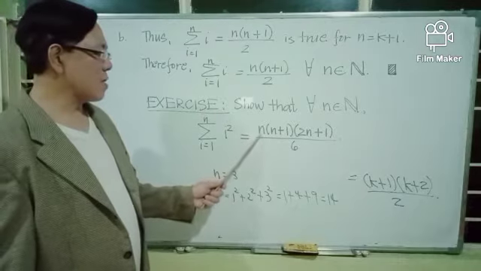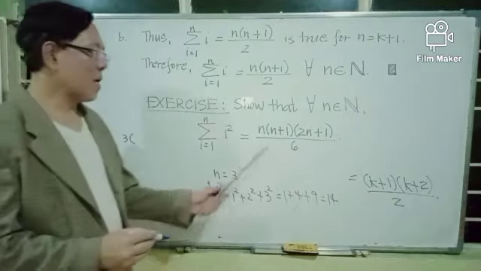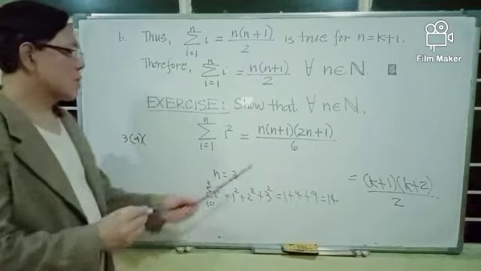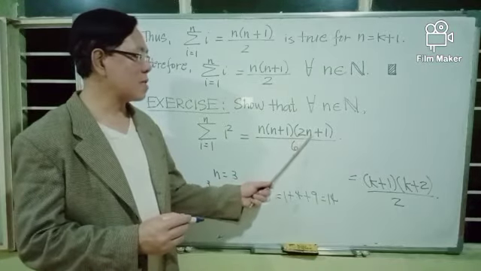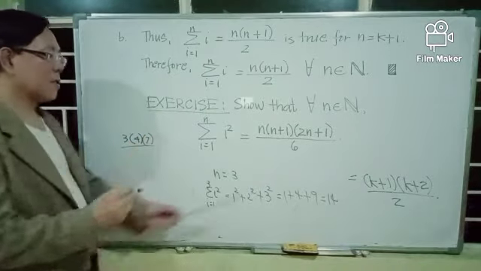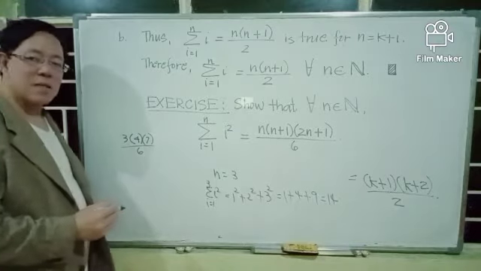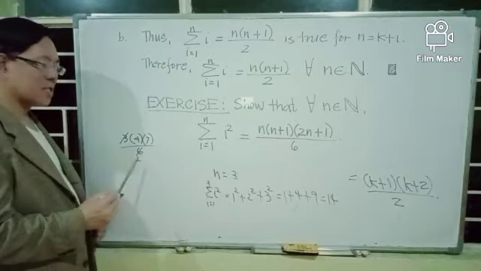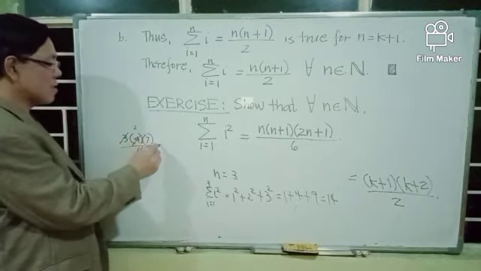For n equals 3, we get 3 multiplied by 3 plus 1 is 4, multiplied by 2n, n is 3, 6, plus 1 is 7, and divide by 6. And 3 and 6 are both divisible by 3, we divide by 3, we get 2. 4 is divisible by 2, and it's 2. And 2 times 7 is 14.